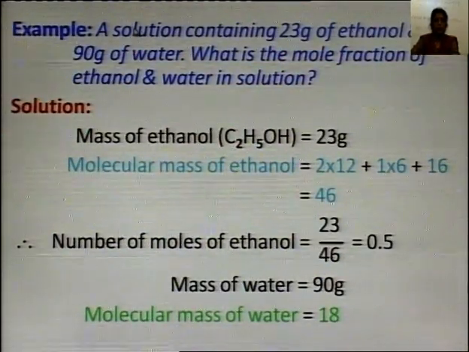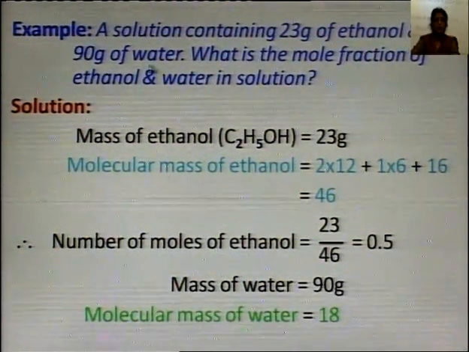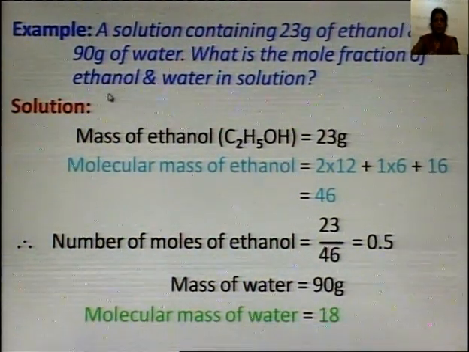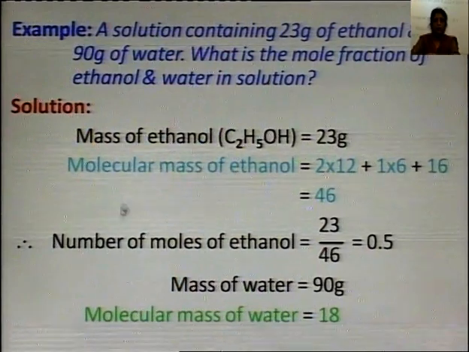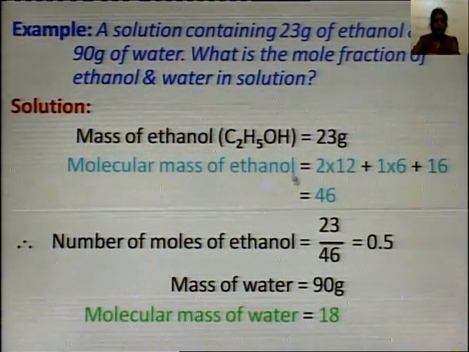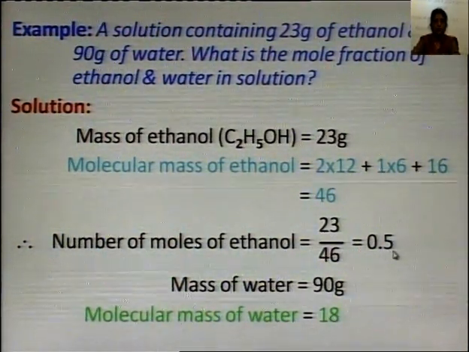So, we have a numerical here also: a solution containing 23 gram of ethanol in 90 gram of water. We have to calculate the mole fraction of ethanol and water. Mass of ethanol is 23 gram, molecular mass is 46, so number of moles of ethanol comes out to be 0.5.